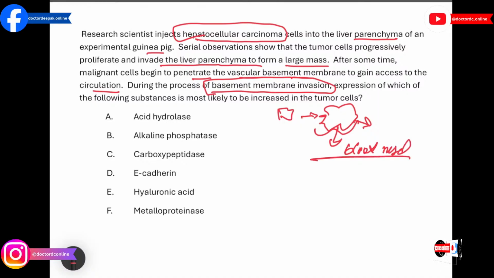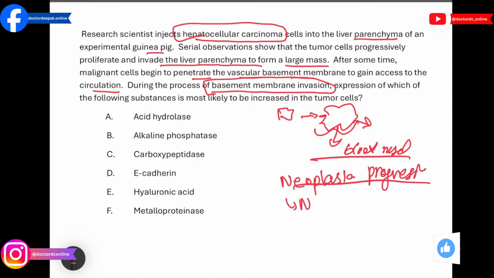If you remember the neoplasia progression, we have the normal cell, then hyperplasia, dysplasia, carcinoma in situ, and then invasive carcinoma.